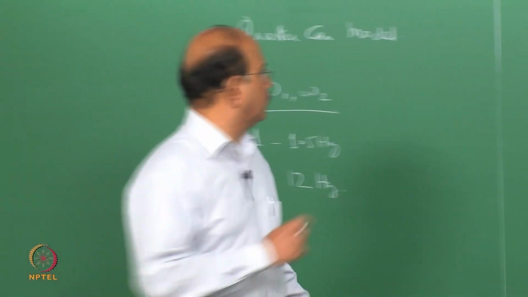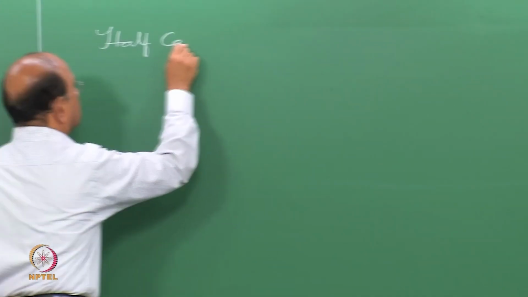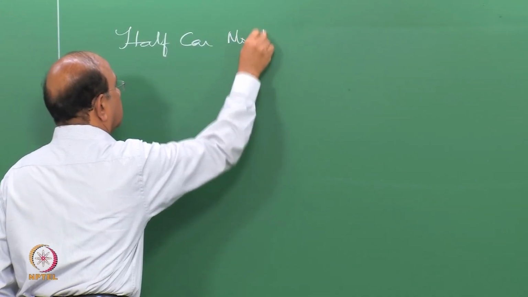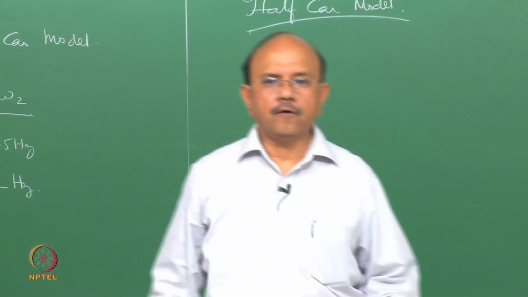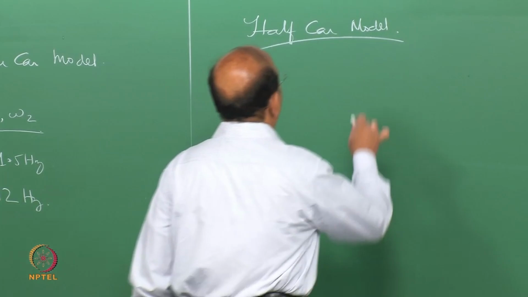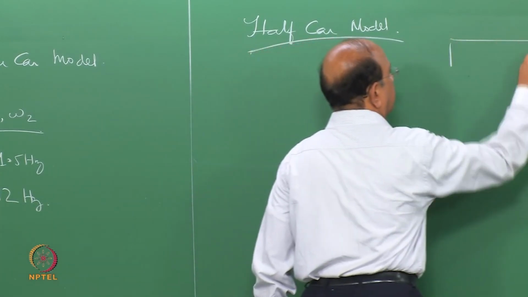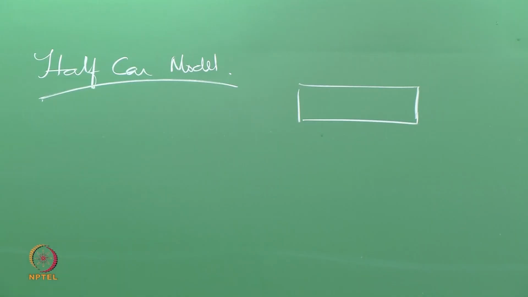Then we moved over to what is called the half car model. In the half car model, we said that we will take a very simple case. We are going to remove the unsprung mass.